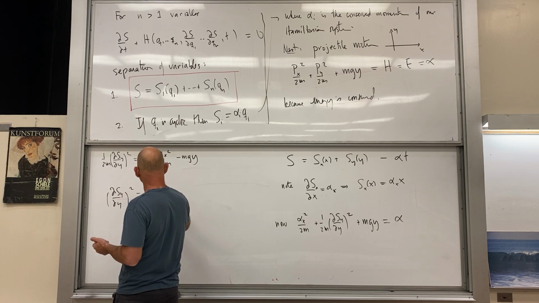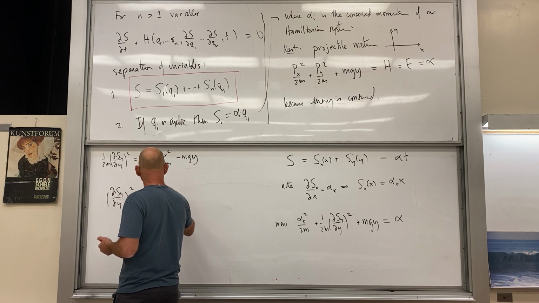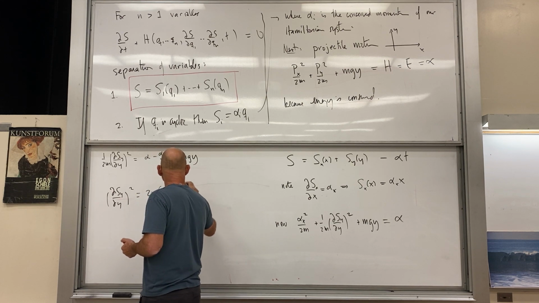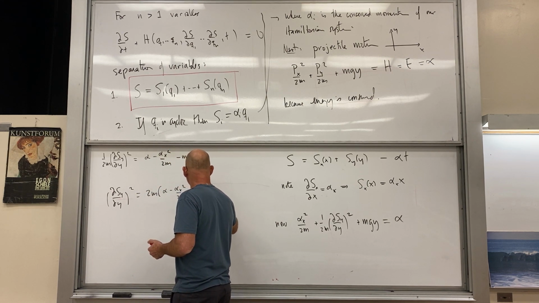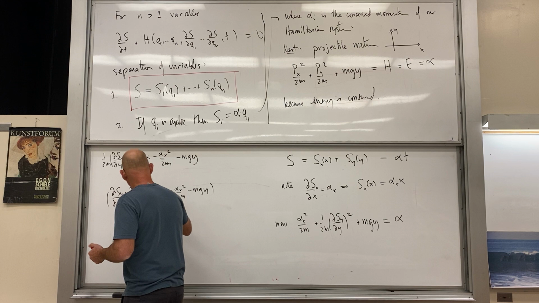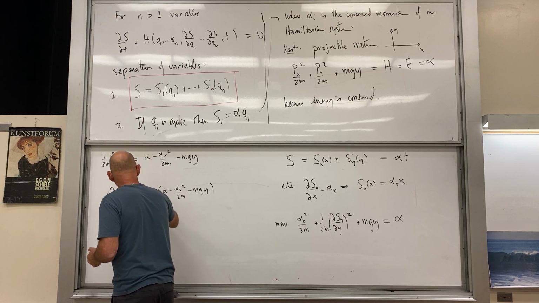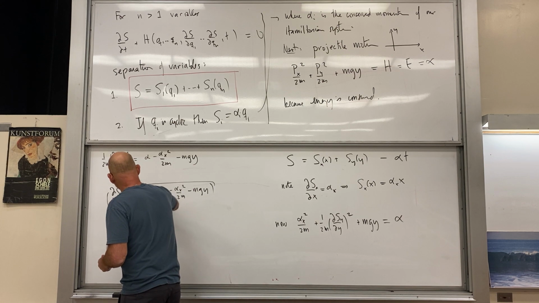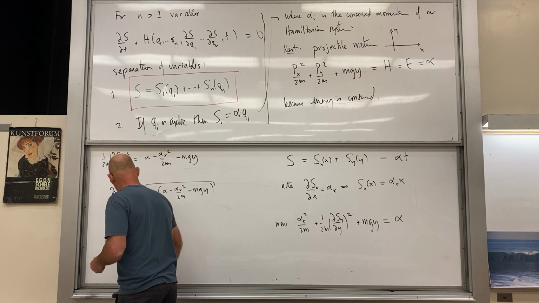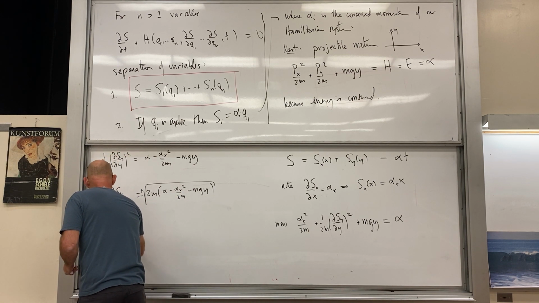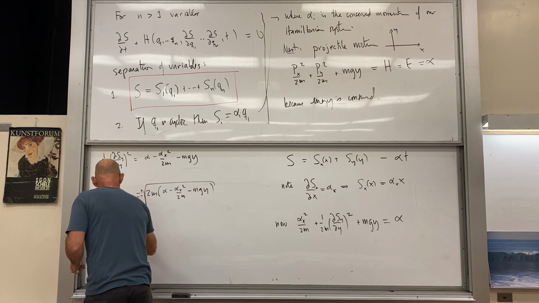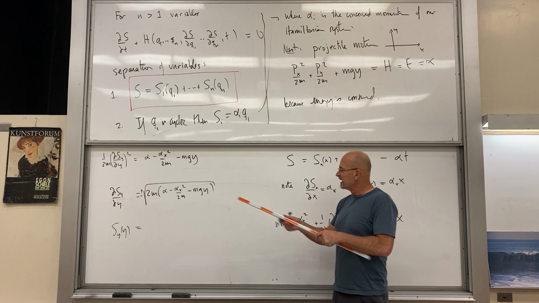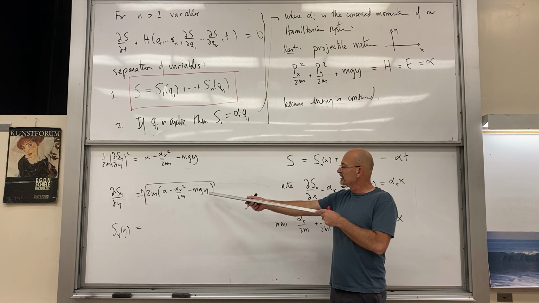Different ways to multiply this out. We'll go ahead and do the 2m alpha minus alpha_x squared over 2m. And sure, we can go ahead and skip that step. Yeah, so once you've done that, S_y of y is just the integral of this thing.